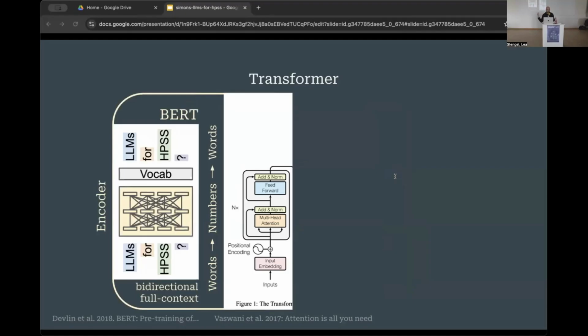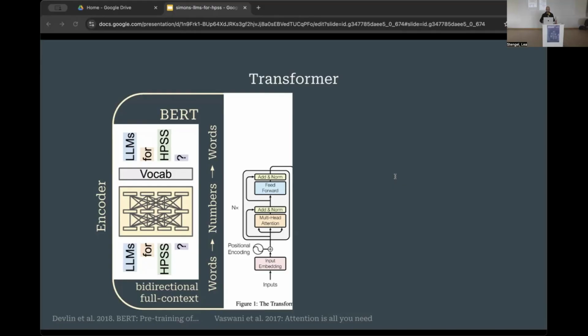On the encoder side, which was technically later than the decoder side, but this is better for educational reasons this way, the encoder side was formed into a model called BERT, and the BERT family of models is very present still. Again, this one works by the fact that each word in the input stream can listen to each other word and thereby produce a full context understanding of the whole input at once.